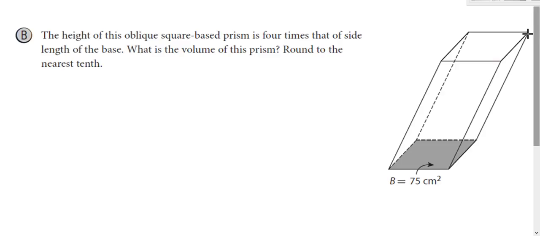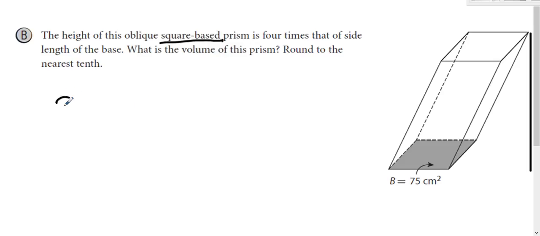Same idea here, we need to know the height. We already know the area of the base. It says it is a square base. So the area of a square is length times width, or in this case, they're the same thing.